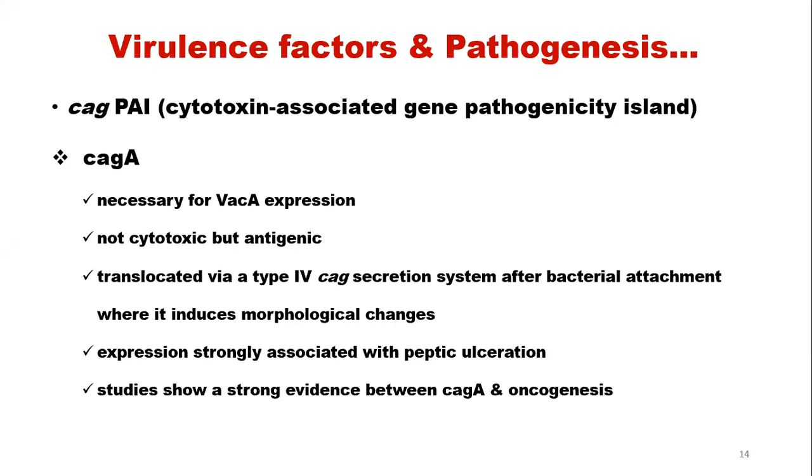CagA is translocated via a type 4 CAG secretion system after bacterial attachment, where it induces morphological changes.